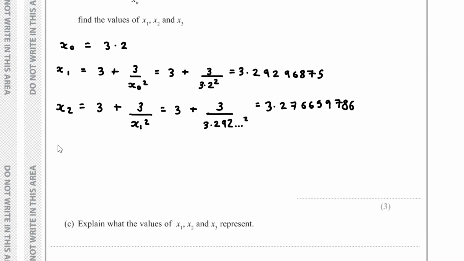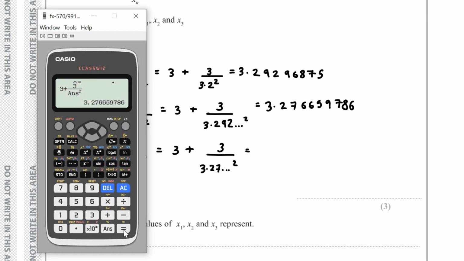And x3 is equal to 3 plus 3 over x2 squared. So we've got 3 plus 3 over 3.27 etc. squared. Working this out, we end up with 3.279420,685.